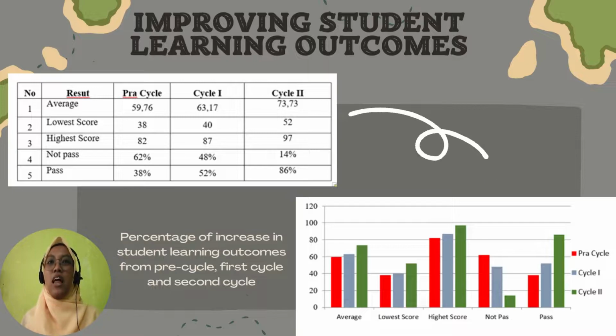In the first cycle, the average value is 63.17, while the classical learning competence obtained by the students is 52% of the total, or 10 students. For the second cycle, the average value of the learning outcomes is 73.73. The classical learning competence obtained is 86% with a total of 18 students.